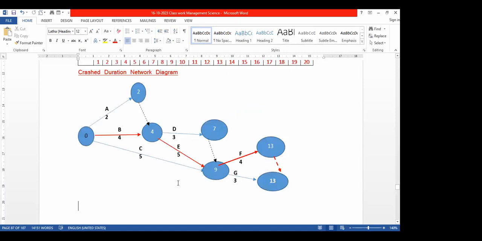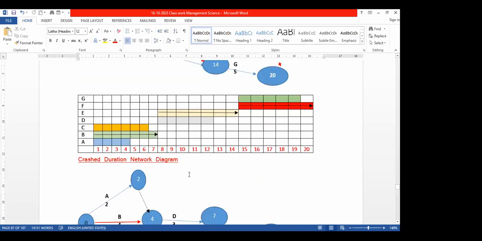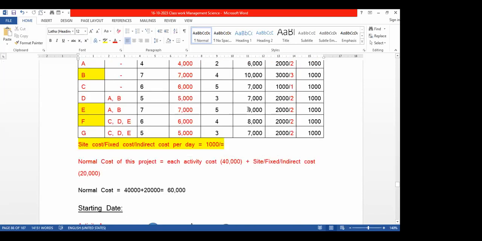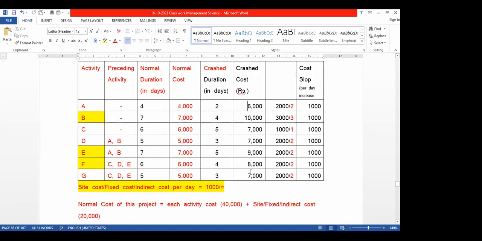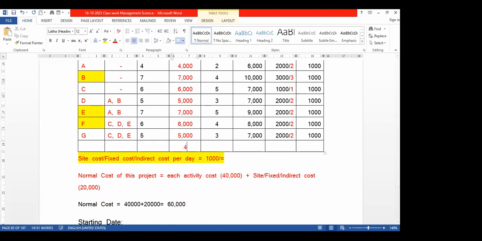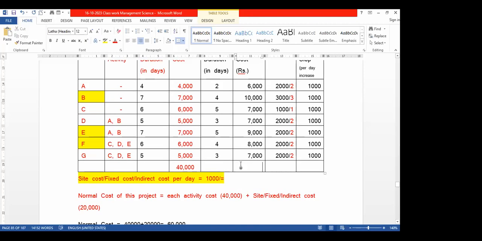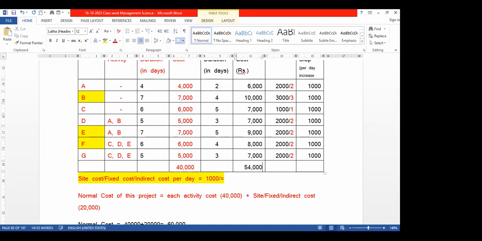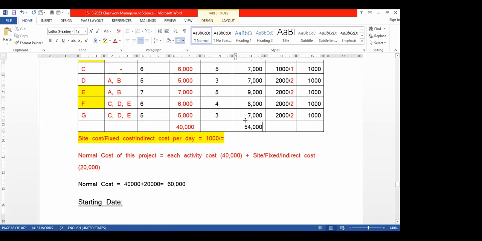So if you add all these costs, how much is the total crash cost, students? 54,000. Right, 54,000.